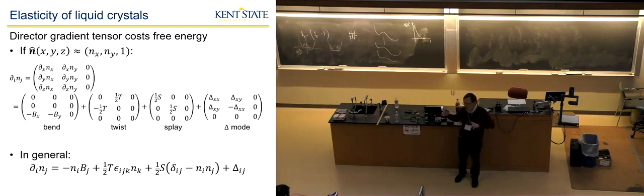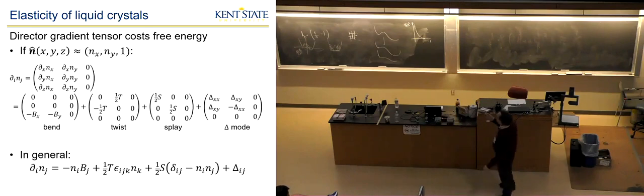There's no free energy associated with that. But if the director is varying as a function of x, y, and z, that costs free energy. So we can characterize it by a director gradient tensor with 6 components that looks like that, in the approximation that the director is almost vertical.